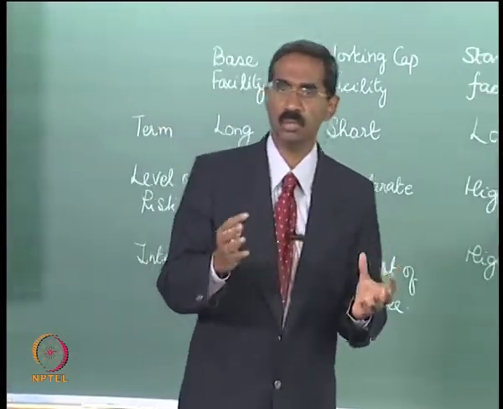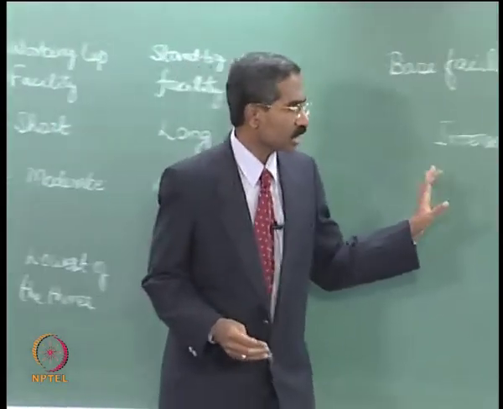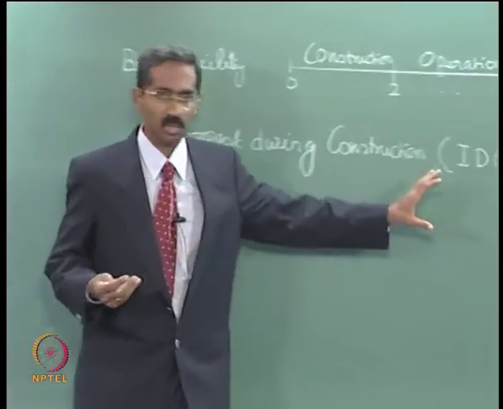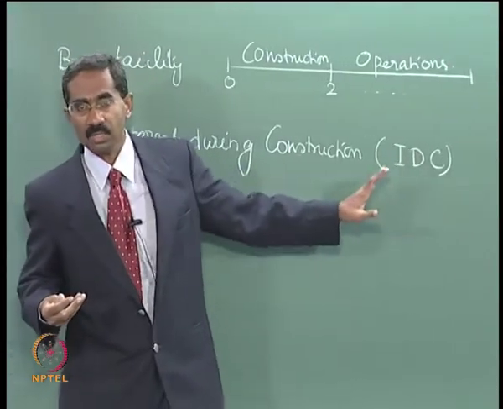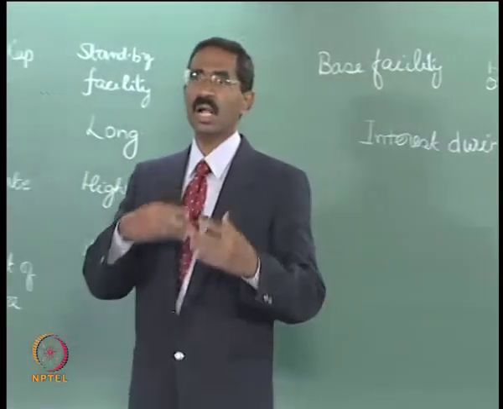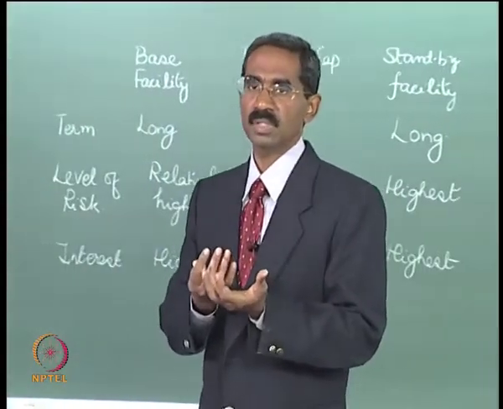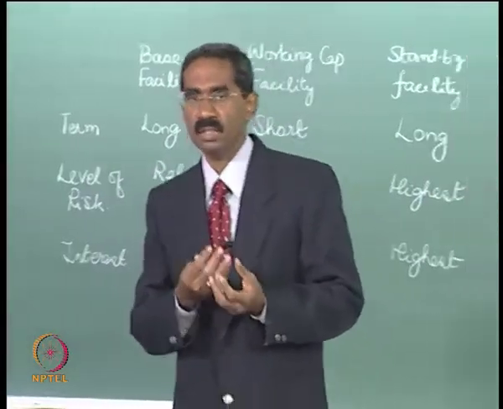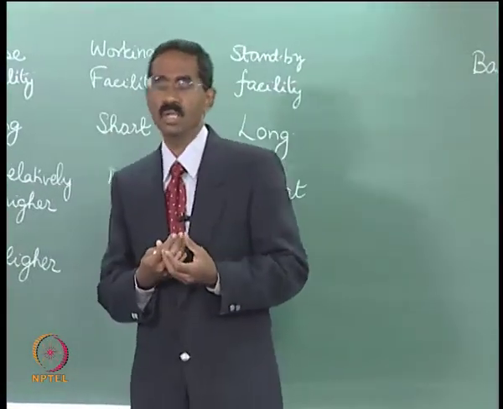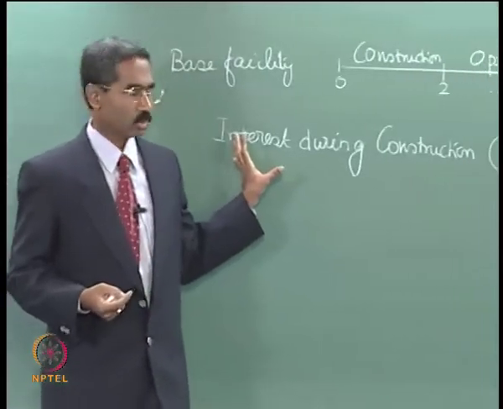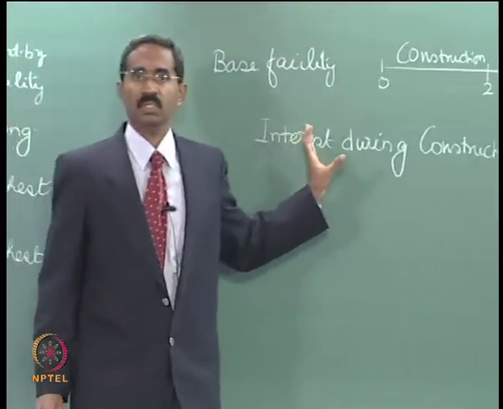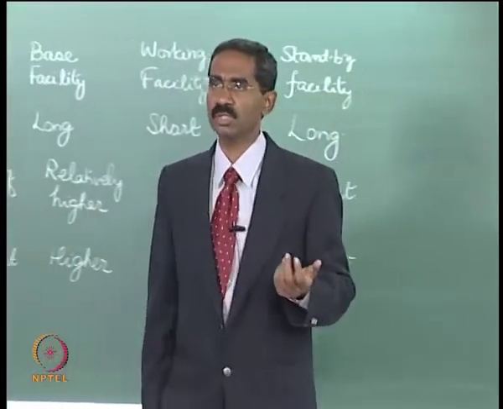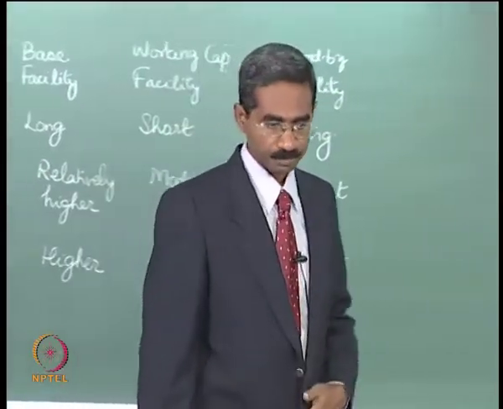So the interest gets accumulated, and all the interest accrued during the construction phase is called the interest during construction. This interest during construction is added to the principal that is outstanding at the time the project begins operations, and that is when the loan starts to be repaid to the lender. So yes, the interest is accrued, but the interest is not paid during the construction phase in the base facility.